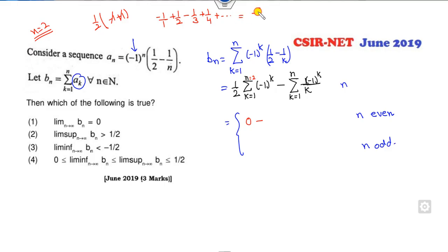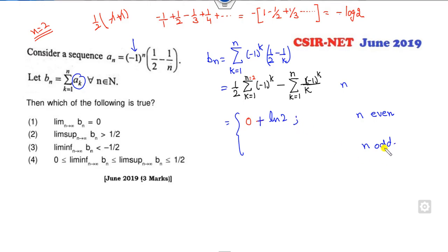So if I take minus as common, 1 minus half plus 1 over 3 and so on. Do you know which series is there? This series is my log 2. Fine. So it's a minus and it's a minus, it's a plus log 2, or you can say ln 2.